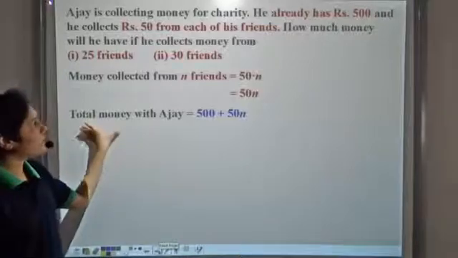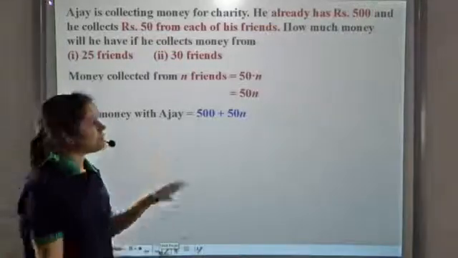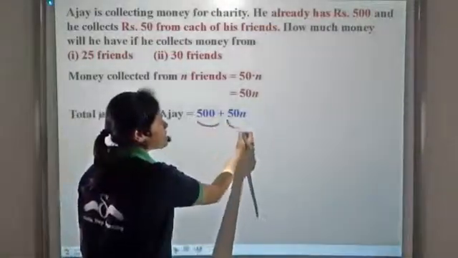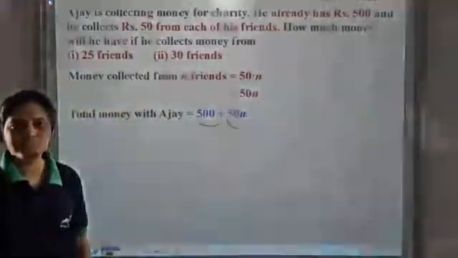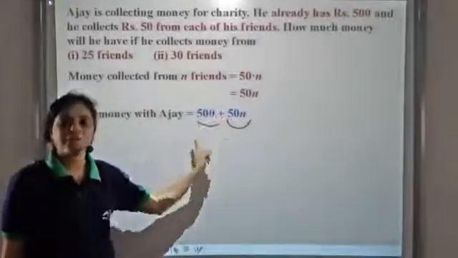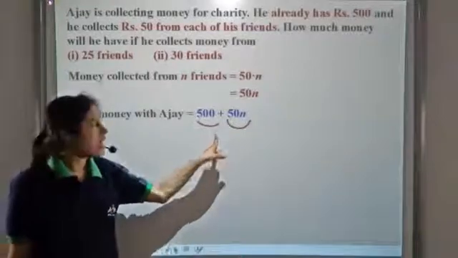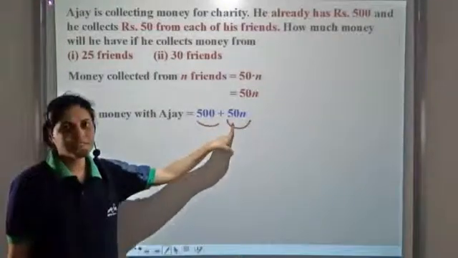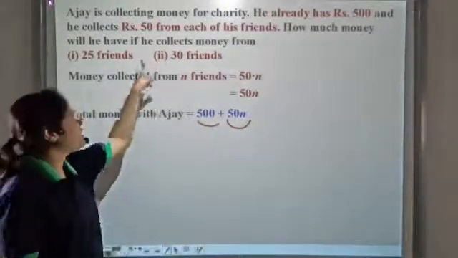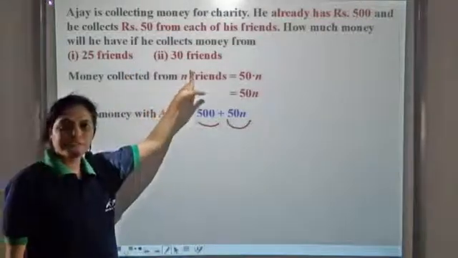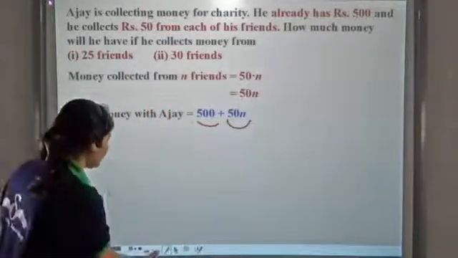So total money with Ajay will be 500 plus money collected from friends. Now this is our algebraic expression and we need to evaluate it if he collects money from 25 friends or if he collects money from 30 friends.